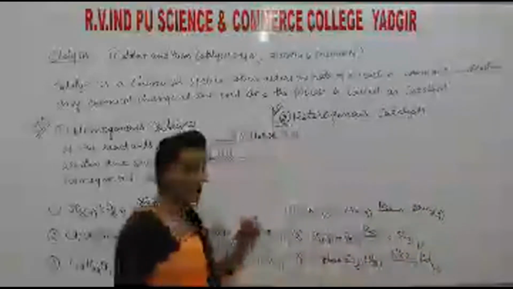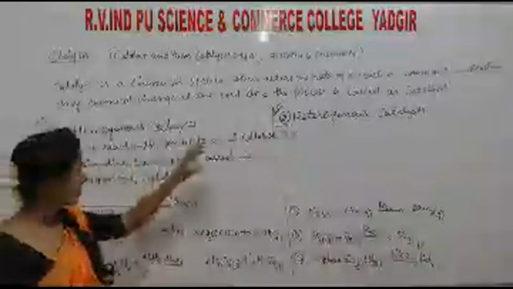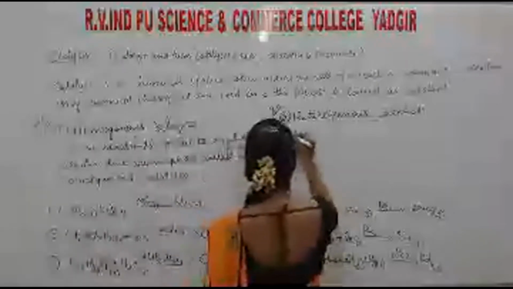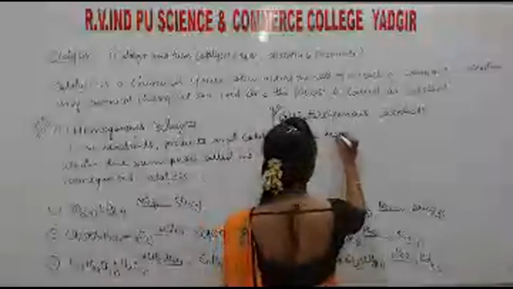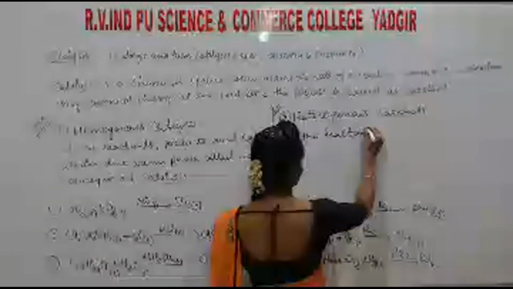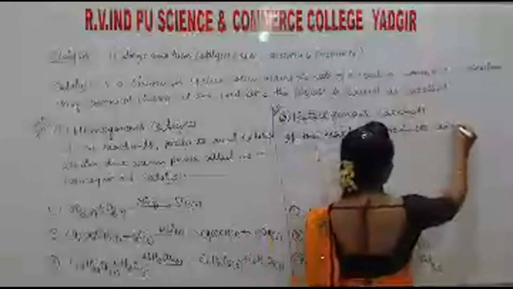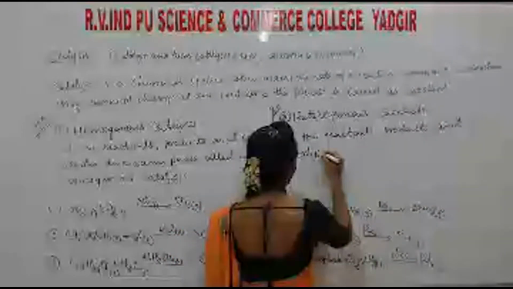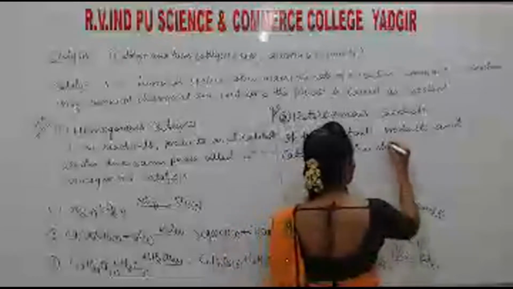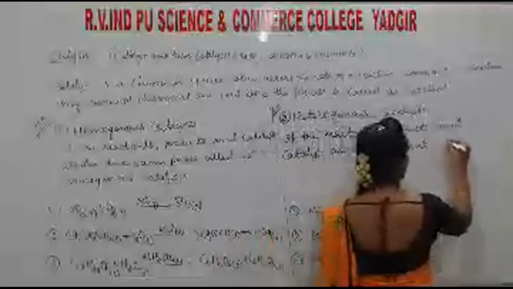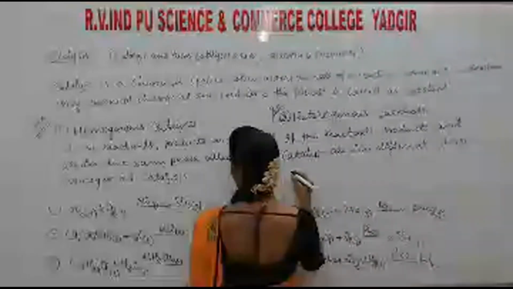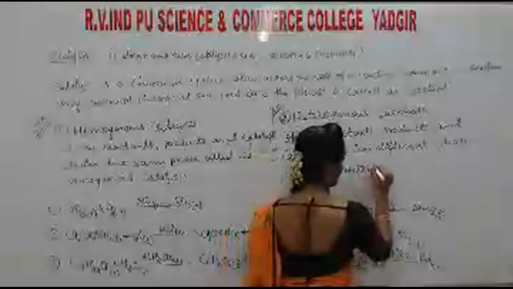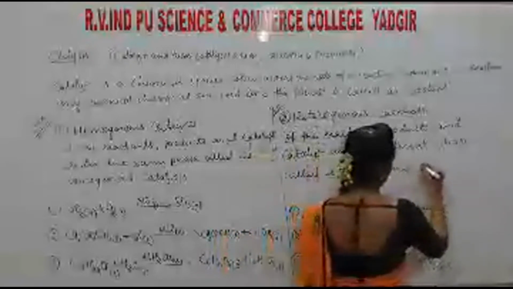Understand? So from this and this, what are you going to observe? Here, listen, the reactants, products and catalysts are in the same phase. Obviously, here they are in different phase. So if the reactants, products and catalysts are in different phase, it is called heterogeneous catalysis.